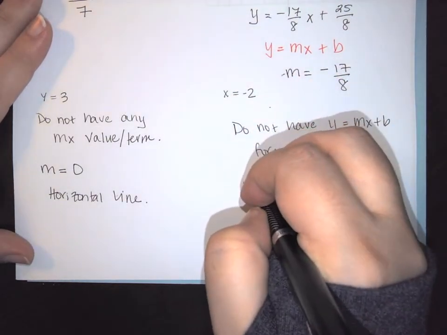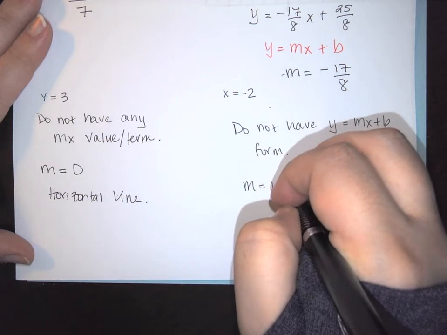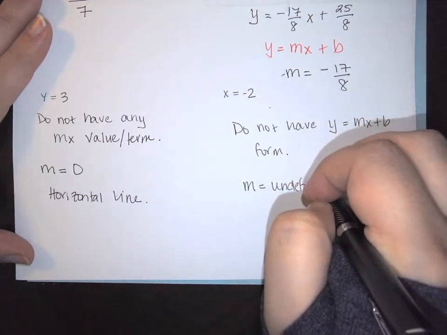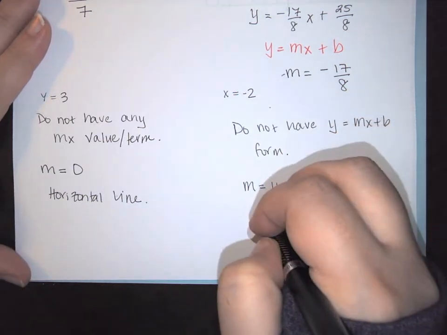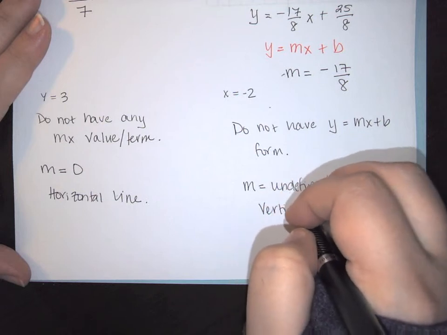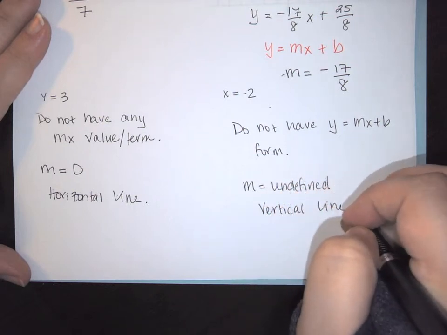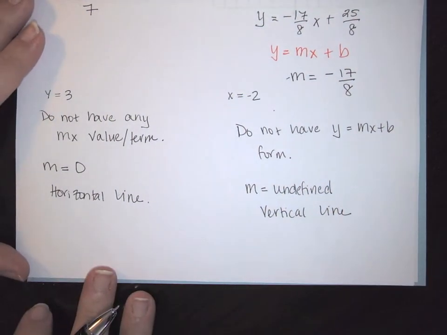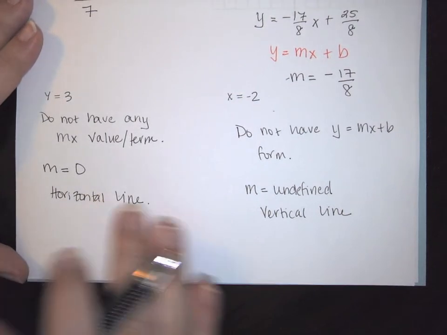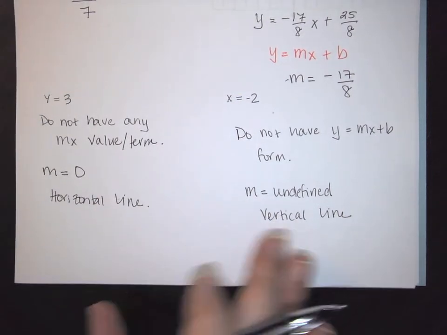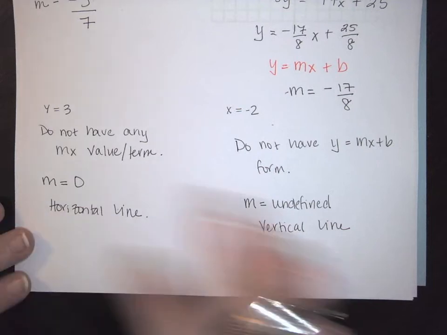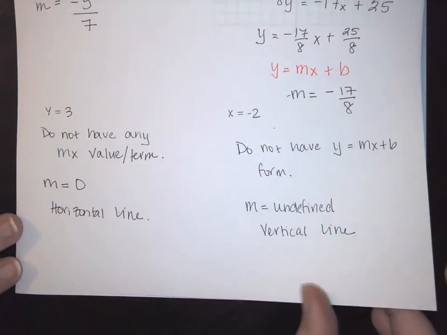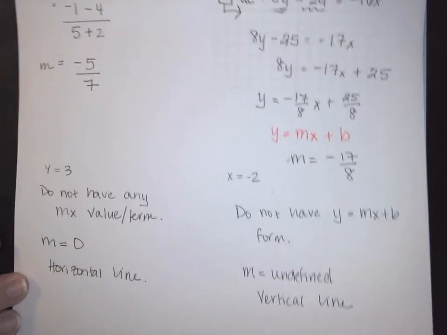Therefore, your slope here is called undefined, because you have a vertical line. These are your two special cases. You need to keep those in mind whenever you are looking at slopes, and make sure that you identify if you have a special case or not.